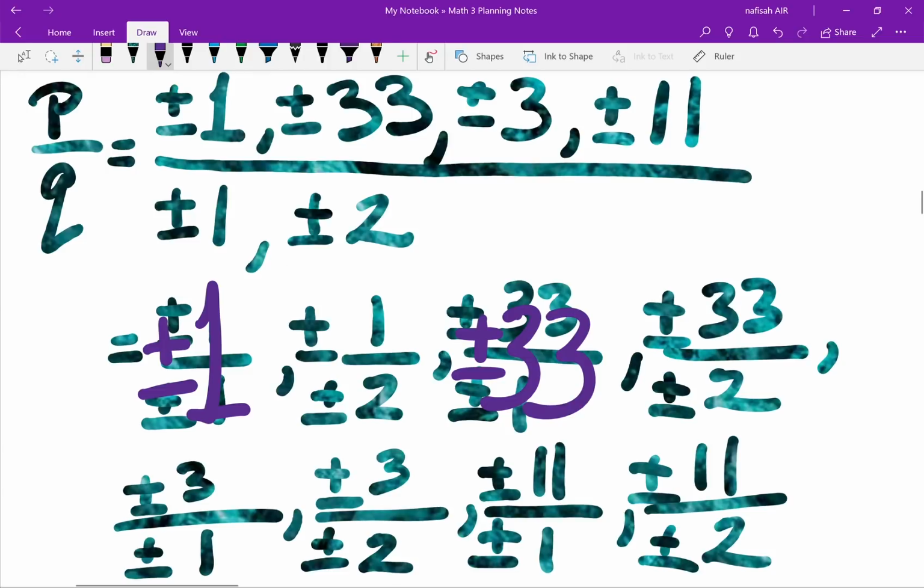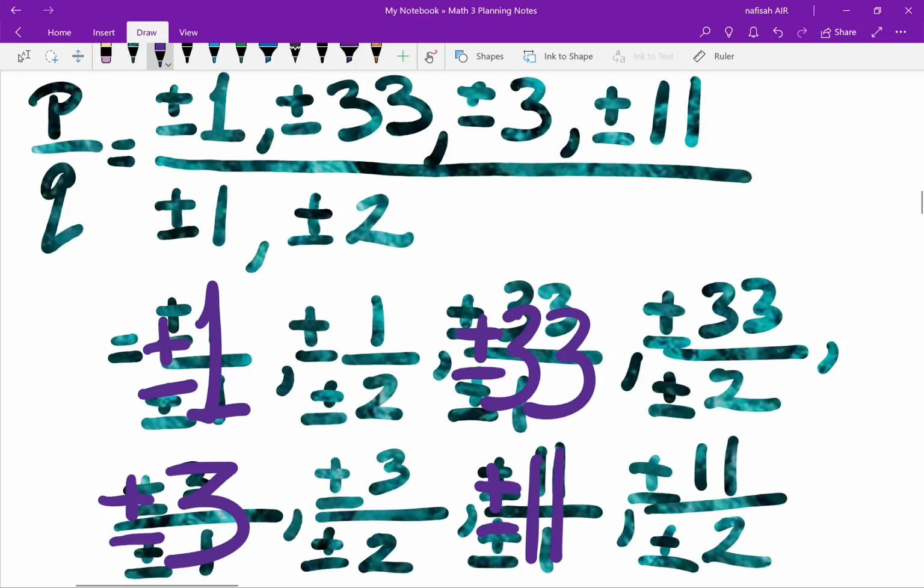I can't simplify this anymore. I could change it to a mixed number, but it really doesn't matter for these types of examples. I'm done. So these are my answers.